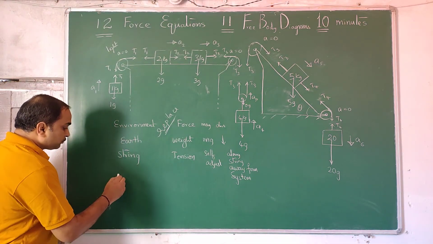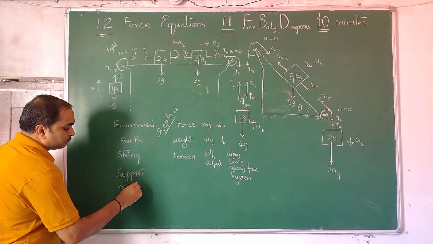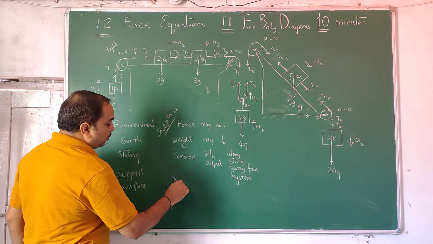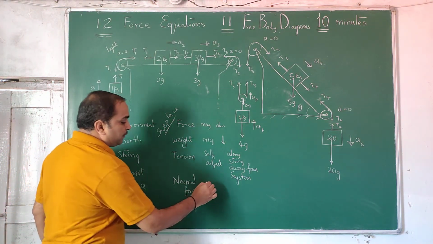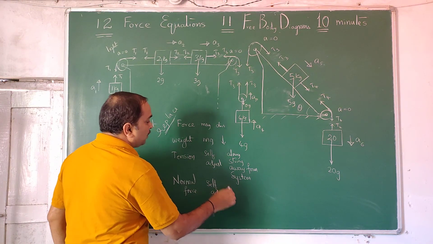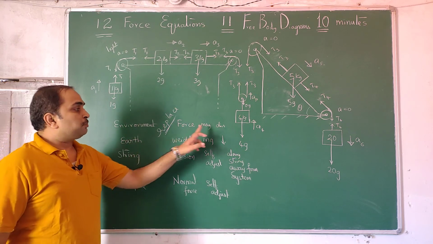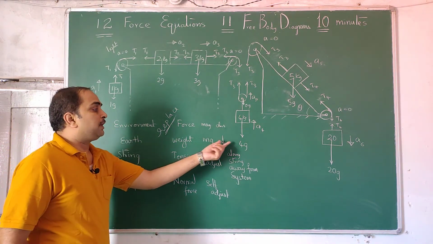Now comes the support surface. It is represented with a normal force, which is also of the self-adjusting type. So environment, force, magnitude, direction, we are writing. Environment earth: weight, mg, vertically down.